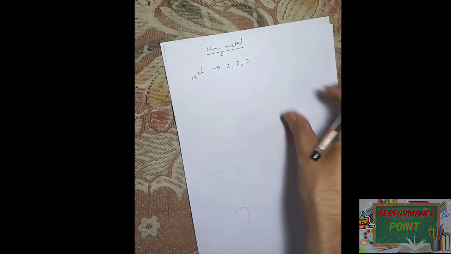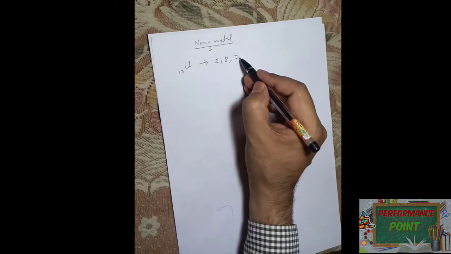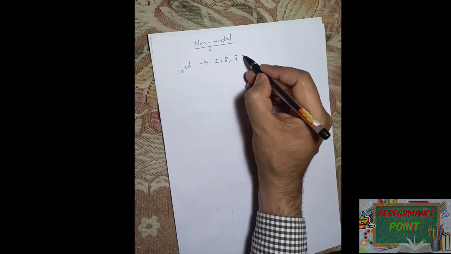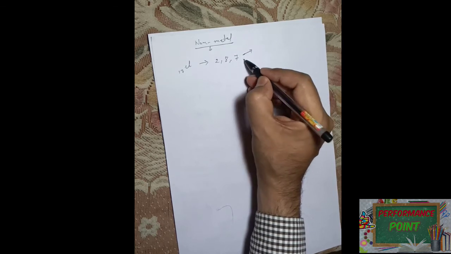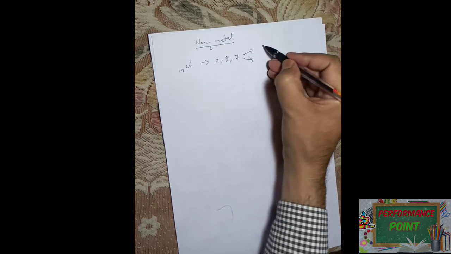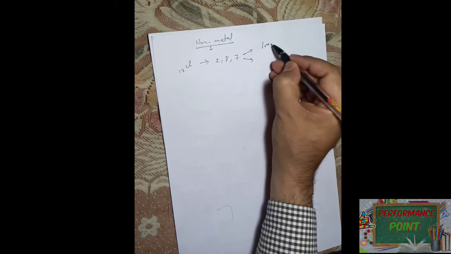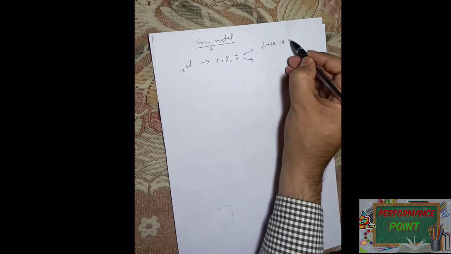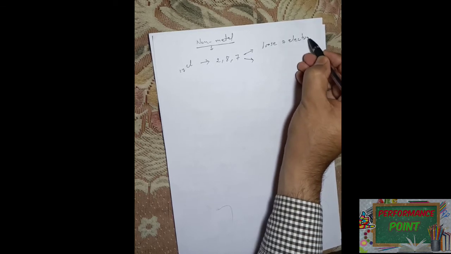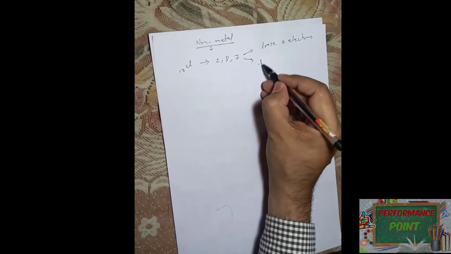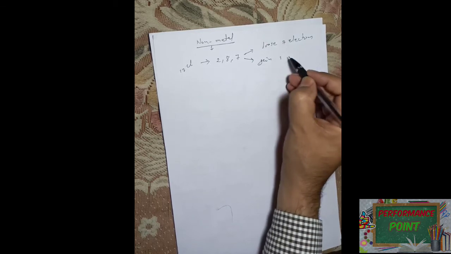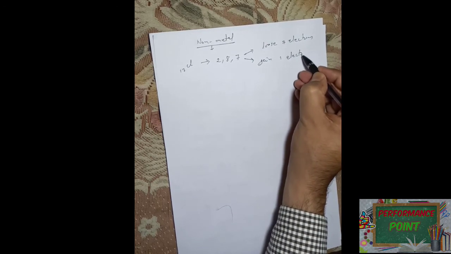Again it has 2 possibilities: it will gain 1 electron or lose 7. The first is to lose 7 electrons, and the second is to gain 1 electron.